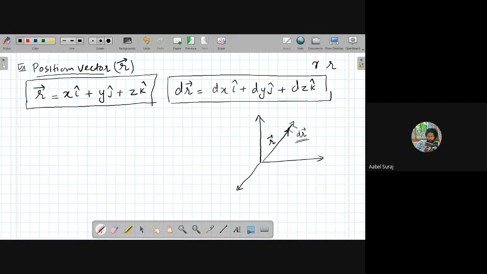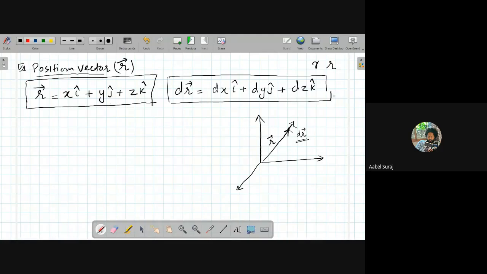Since it is x, y, z, this x will change, this y will change, this z will change, because it is in space. All three coefficients will change. So to denote that change, we write dx i plus dy j plus dz k. This is denoting a slight change in space.